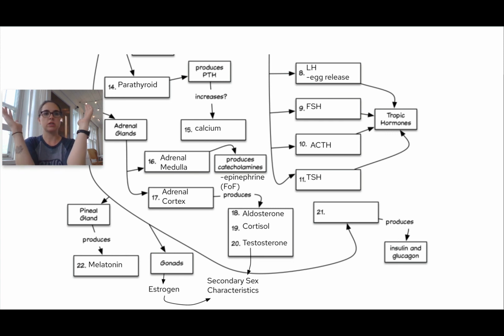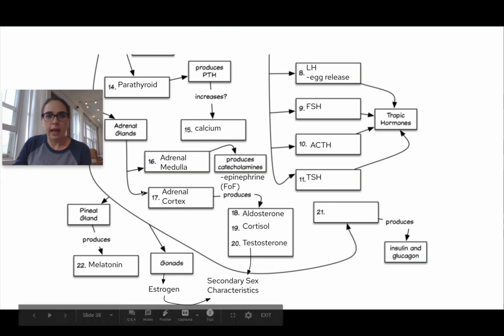Males have usually narrow hips, wider shoulders. Males have heavier and denser bones, more muscular development, lowering of their voices. All of those secondary sex characteristics, not egg or sperm production, but the things that give you your femininity or your masculinity are due to your estrogen and or testosterone.